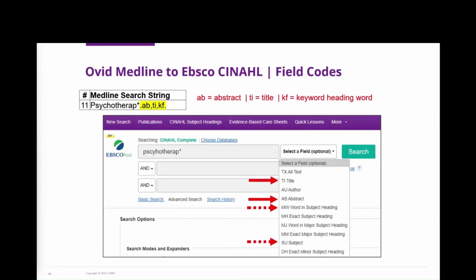We can choose either MW for CINAHL heading word or SU for subject, or even MH, which is CINAHL exact subject headings. As a reminder, you don't have to remember all these field codes. Please refer to the help section of each database for the descriptions and/or the cheat sheet charts.